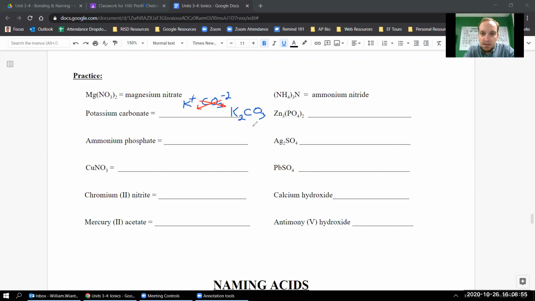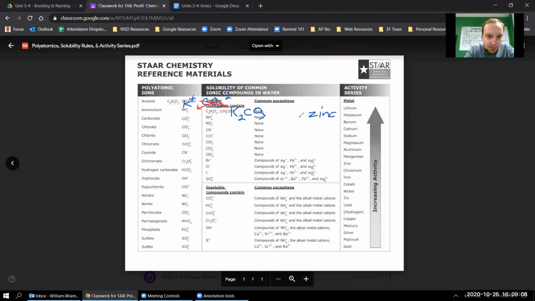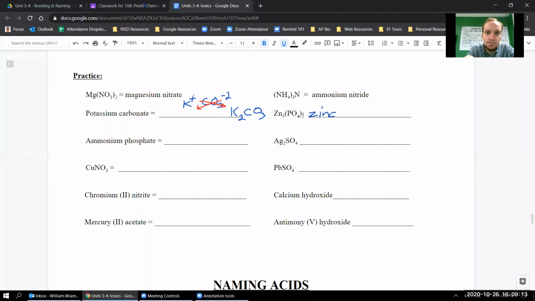What we have here is Zn3(PO4)2. Again, that sounds like a mouthful. I know Zn is zinc. Okay. I know PO4. Again, if I look over here, PO4 is right down here at the bottom. PO4 with a -3 charge. So that is called phosphate.